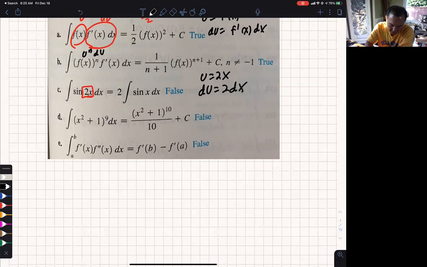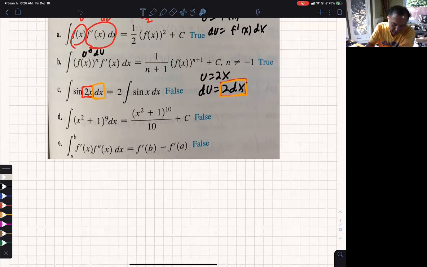And here's the question, and I'll do this a second way for you guys. Do I have 2 dx? I'll do that in gold. Golden. Do I have a 2 dx here? And the answer is no, and I need 2 dx because I need a du. I don't want dx, I want to convert this to a du, and so I need a 2 dx to be able to change that.